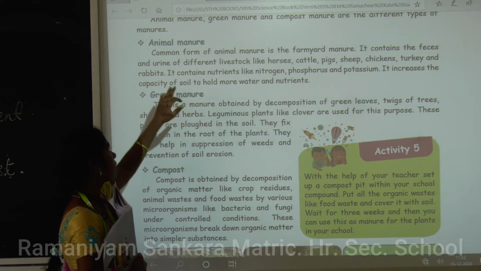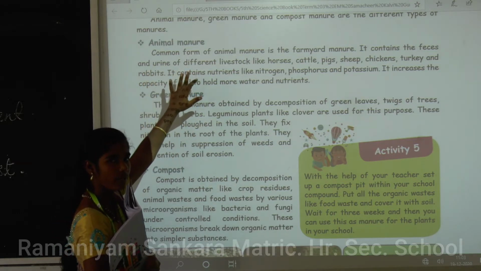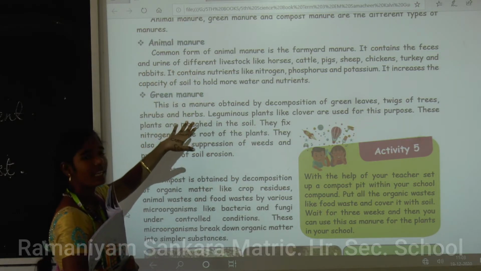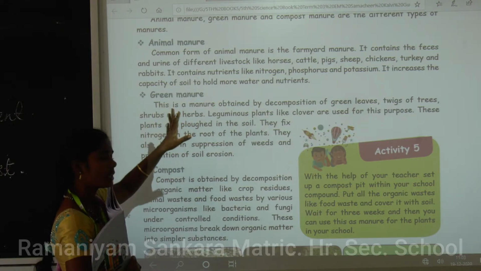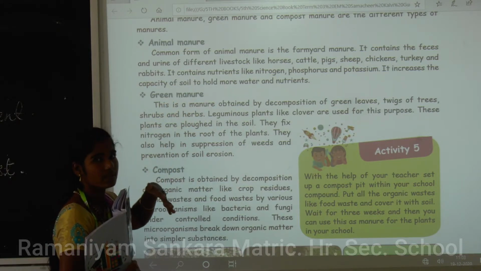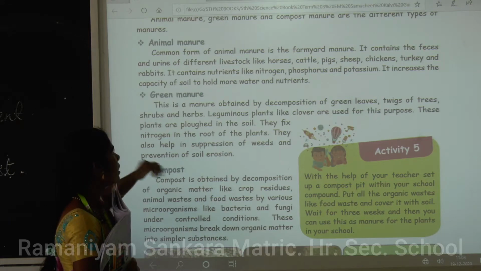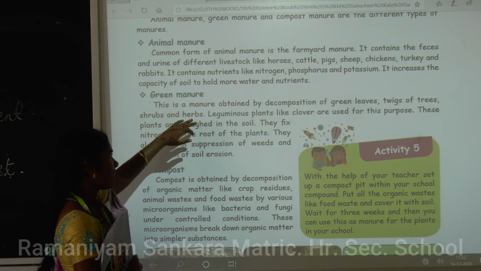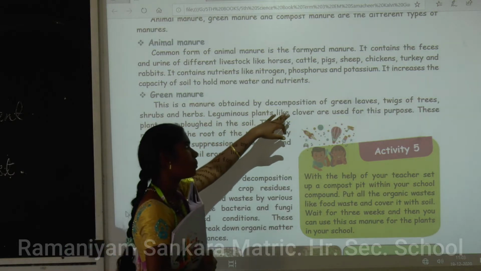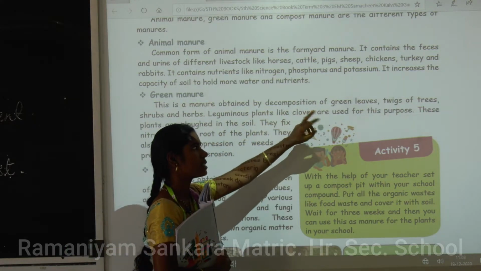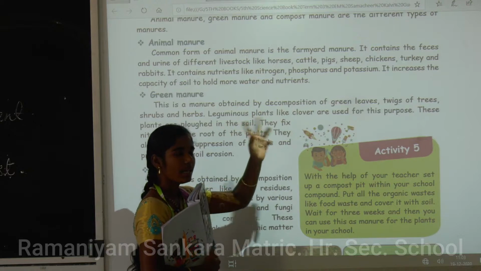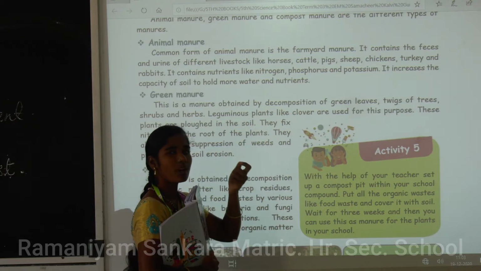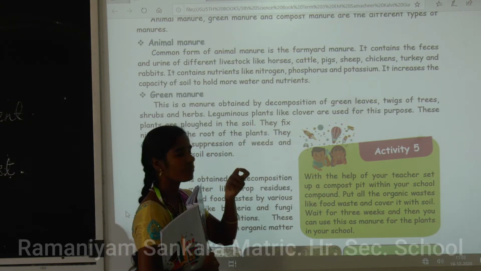Next, the second type of manure. The first one is animal manure, animal waste. The next one is green manure. Green manure we get completely from plants, and it is called pasundal uram. This is a manure obtained by decomposition of green leaves and twigs. Twigs are the small stem parts of the plant.